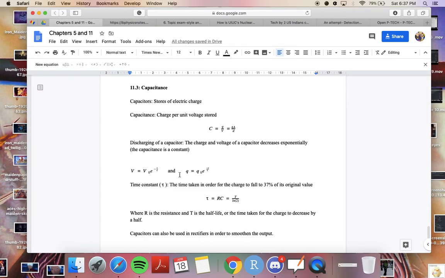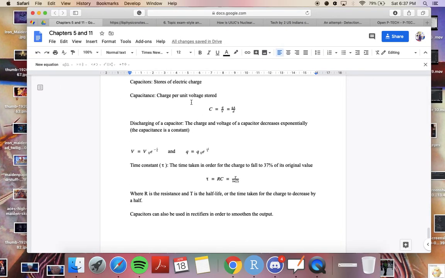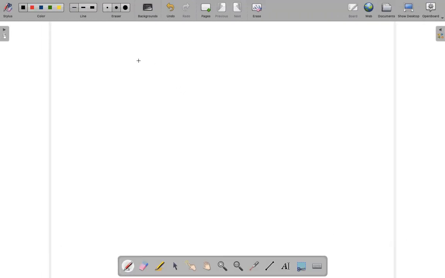Next we have capacitance. So capacitance is a constant for any capacitor, and the capacitance is the charge per unit voltage stored. Our capacitance equals Q over V. And the unit for a capacitor is a farad. It was named after Michael Faraday.